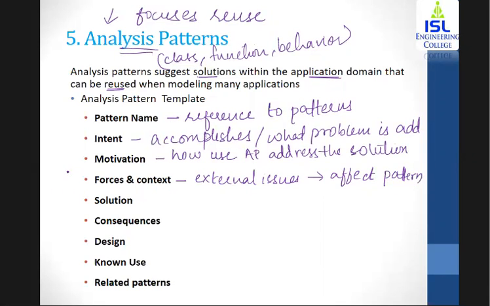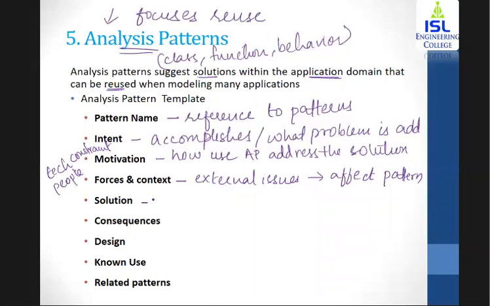Examples of external issues can be any technical constraint or any people related matter that people have imposed, such as that this technology needs to be used, this is the cost, this is the people that I want to work within the software. So these are the external issues and how they are going to affect the pattern.